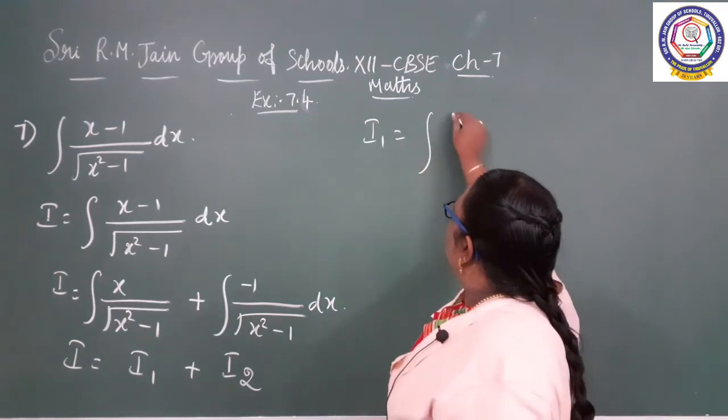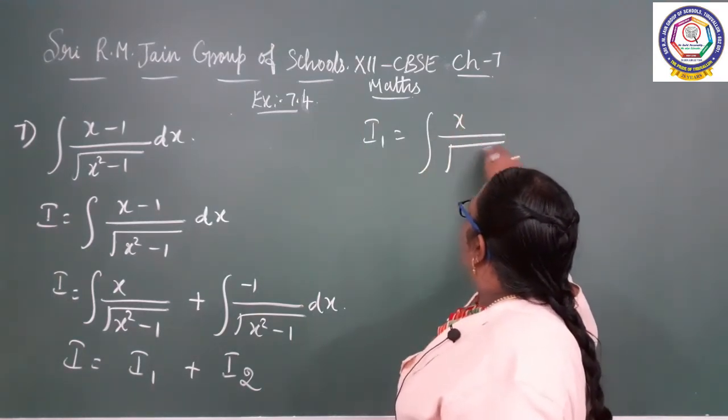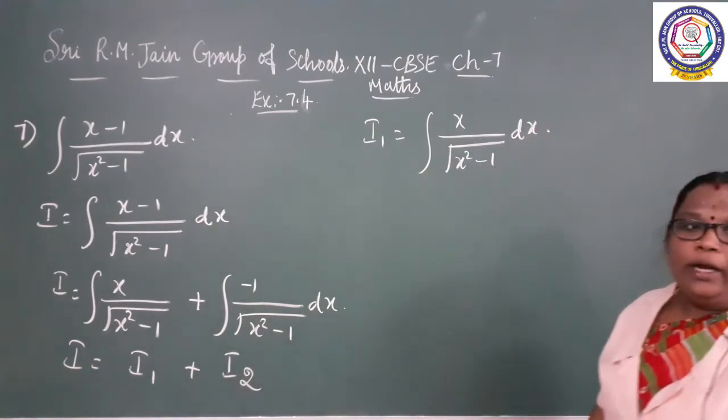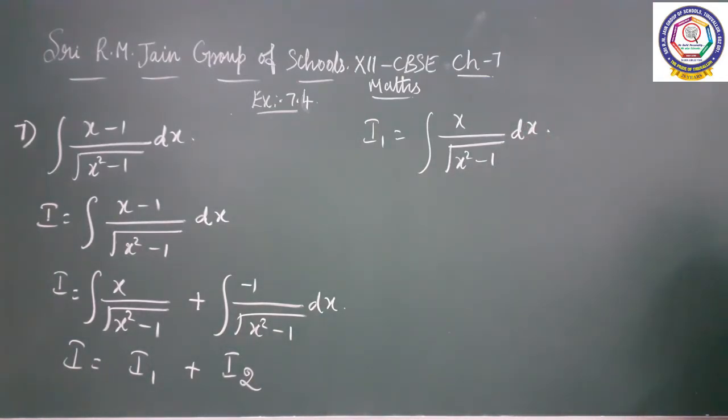I1 is the integral of x by root of x square minus 1 into dx.